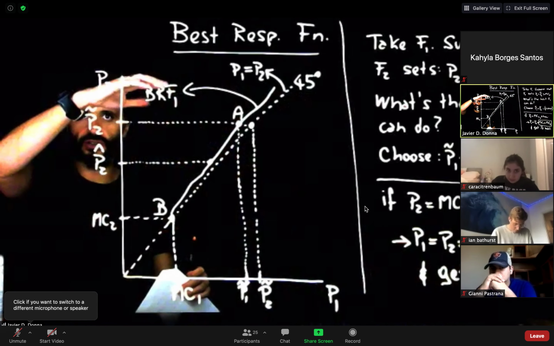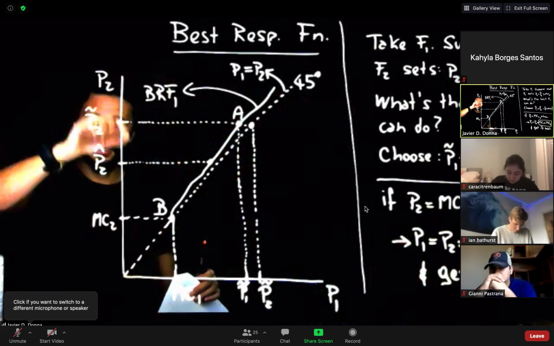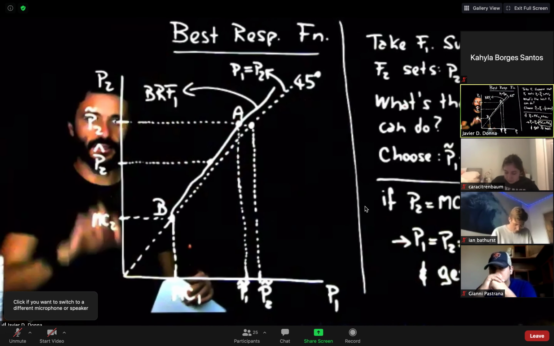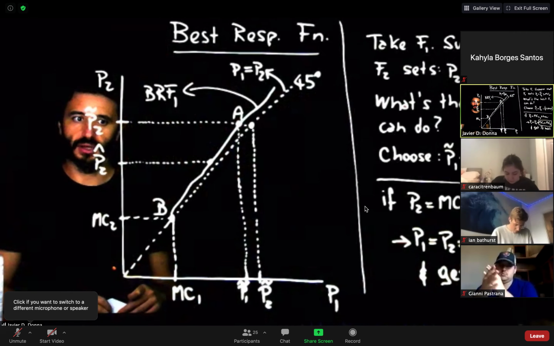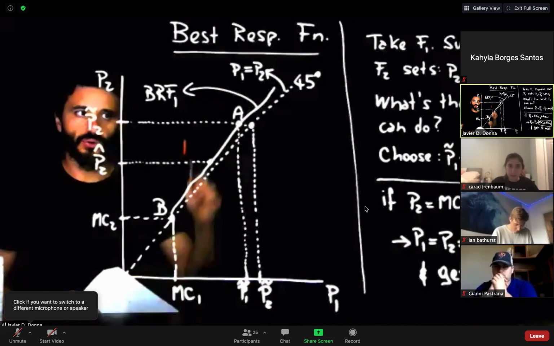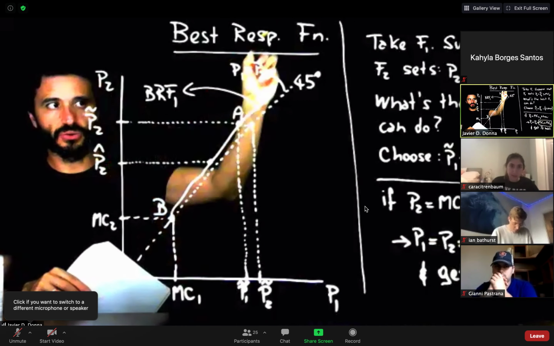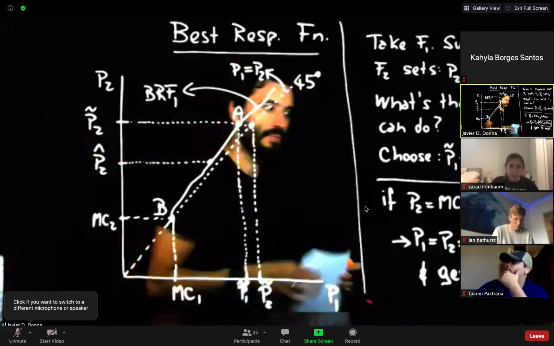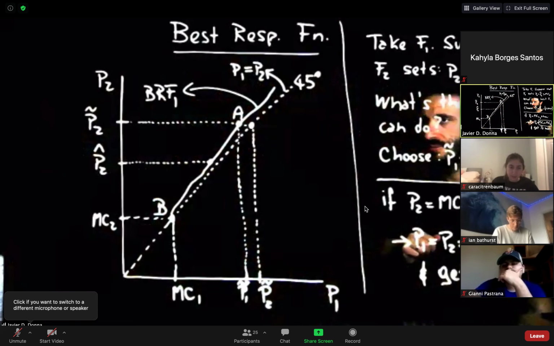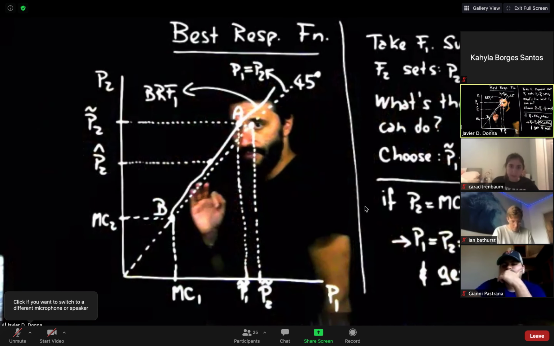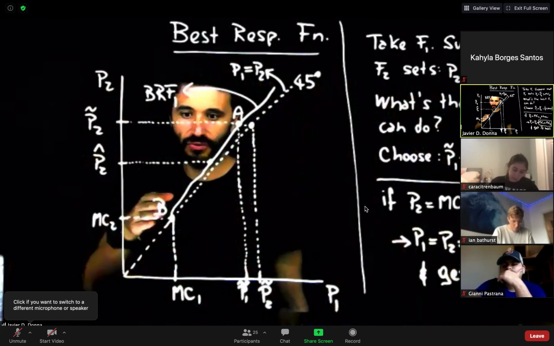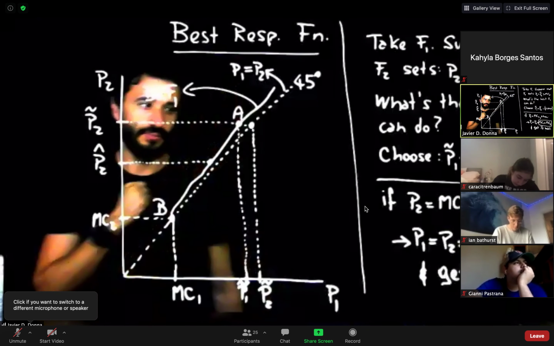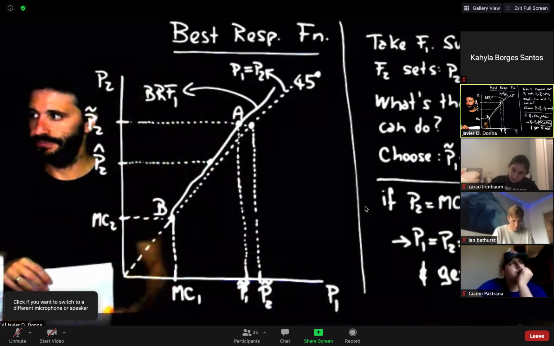So the best response function, when it reaches that line, marginal cost, then it jumps to the best response function. If you are doing it cent by cent, it jumps. If you are doing it continuously, as I did here, it goes smoothly, okay? But it goes through that point. It's the only point at which the best response functions intersect the 45-degree line. Okay?